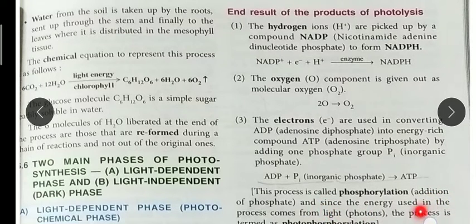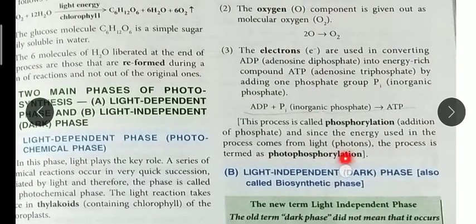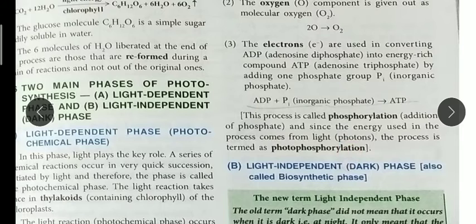Since the energy used in this process comes from photons only, light energy, it is called photophosphorylation. So what is photophosphorylation? It is a process in which ATP is generated when ADP is combined with one phosphate.